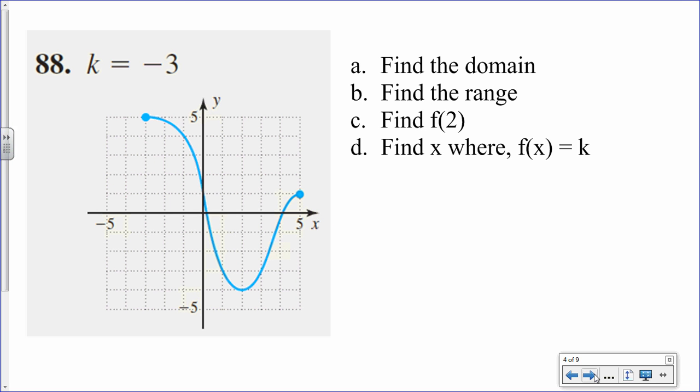We're going to do that again, but this time our graph is connected. I'm going to give you a minute to try this one.